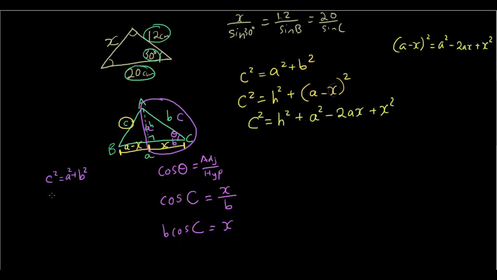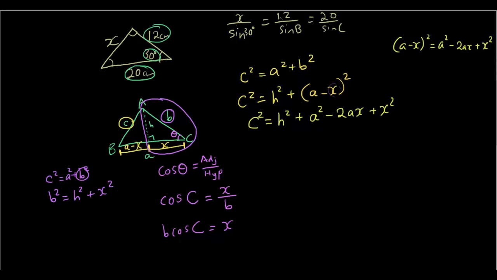We can write it as b squared, which has nothing to do with this b here. This is referring to this b. b squared equals h squared plus x squared.